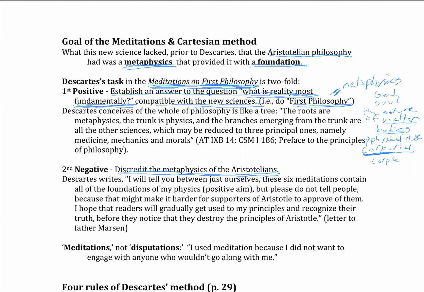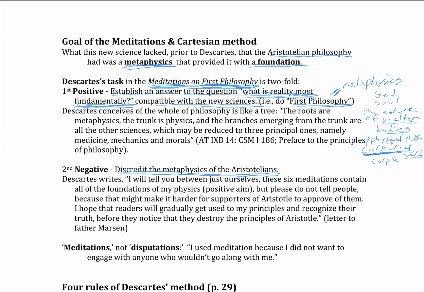So the corporeal world is just the world of physical stuff, physical bodies. So don't get confused by that terminology. We'll be talking about the corporeal world, physical stuff, bodies, matter. They're mostly talking about the same physical stuff or the world that is all of that physical stuff together. Okay.